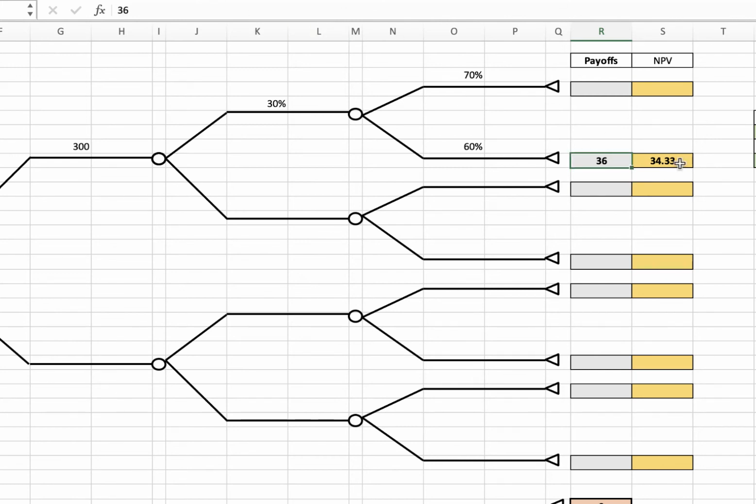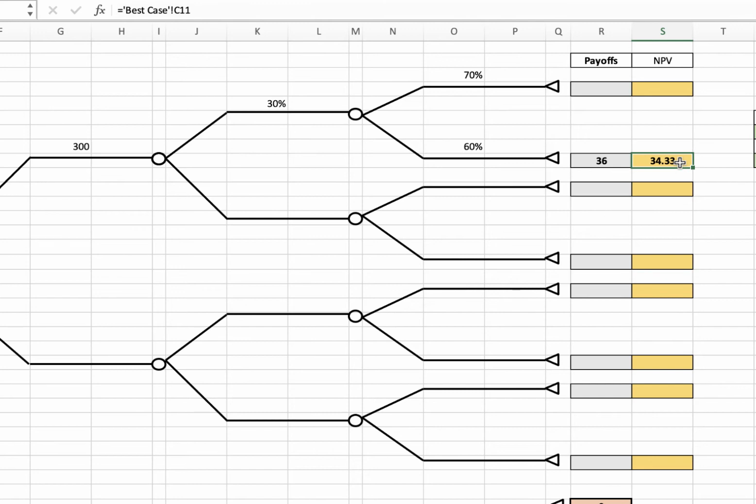But the NPV of that is what we really need, because remember, KeyWest uses a 16% discount rate for financial planning. And this is going to affect the net present values significantly.